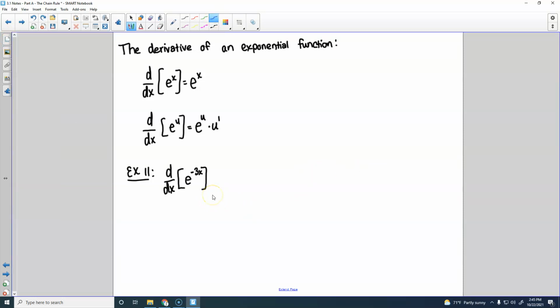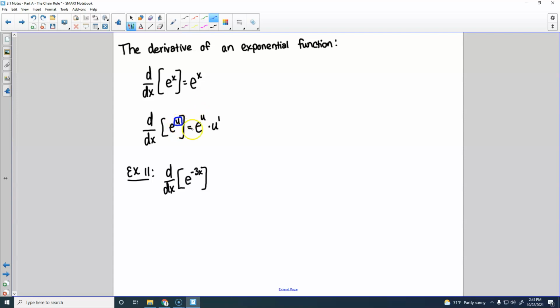All right, so the derivative of e to the x is just e to the x. But there were some problems like e to the 2x that I told you we could not take the derivative of yet. That is when we have to use the chain rule. If we have e to anything besides an x, if it's a 2x, if it's an x minus 4, if it's x squared plus 7, then we have to use the chain rule here.